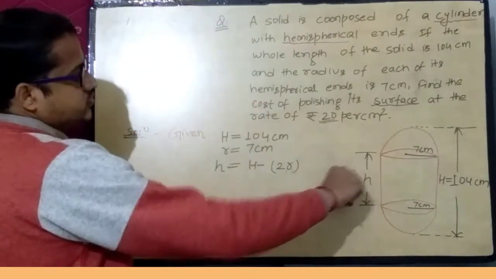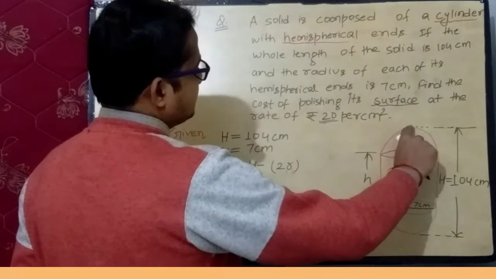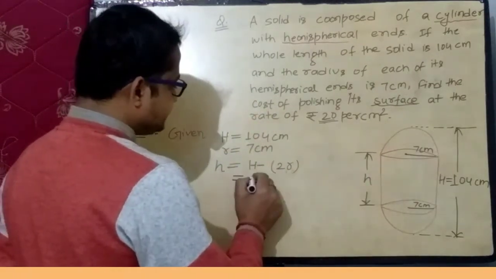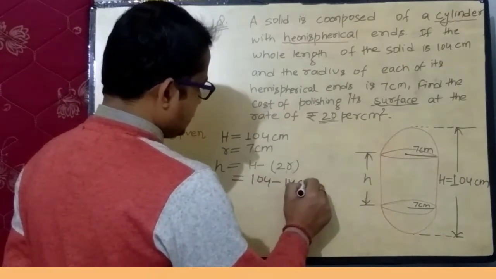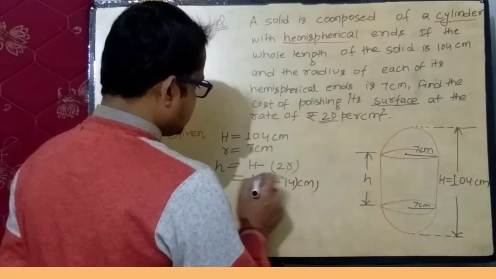This small h equals the total height of this object minus the top portion radius and bottom portion radius. So 104 minus 14 centimeter.